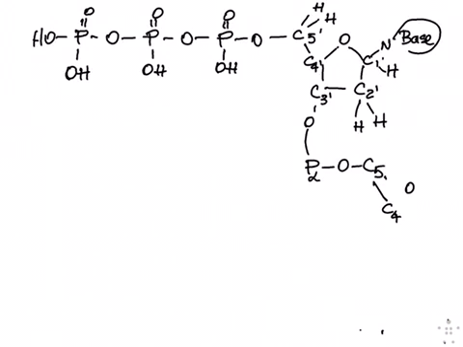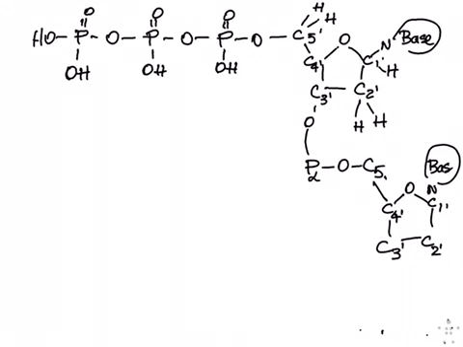Okay, so here we have 4' carbon, 3' carbon, 2' carbon, and 1' carbon. And this one is connected to the nitrogenous base and has another hydrogen, 2 more hydrogens here, a hydroxyl group and a hydrogen. And this one has 1 hydrogen, this one has 2 hydrogens.